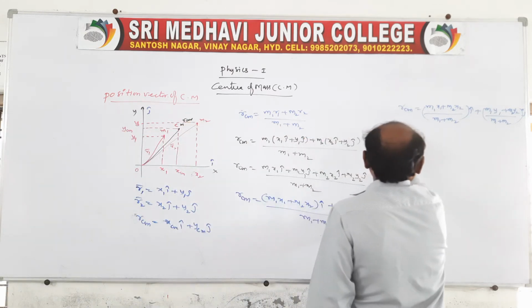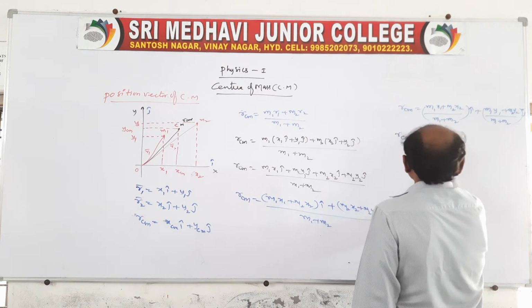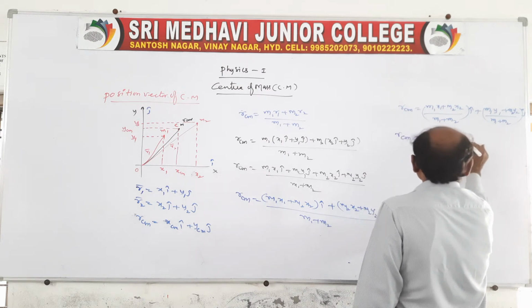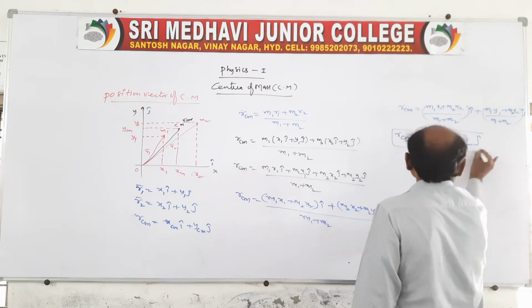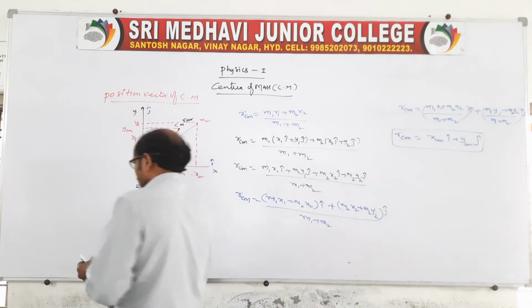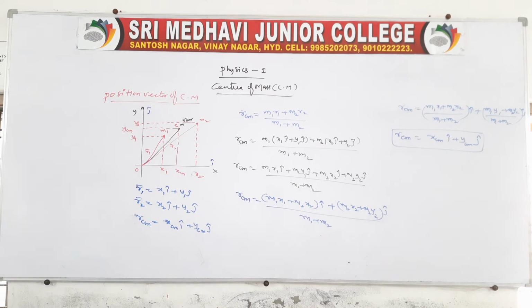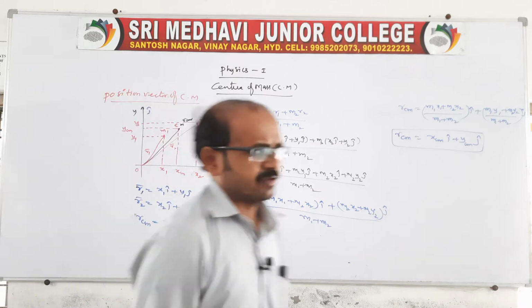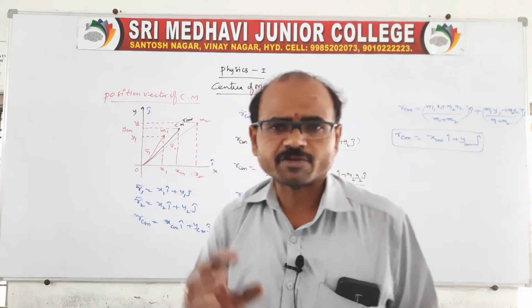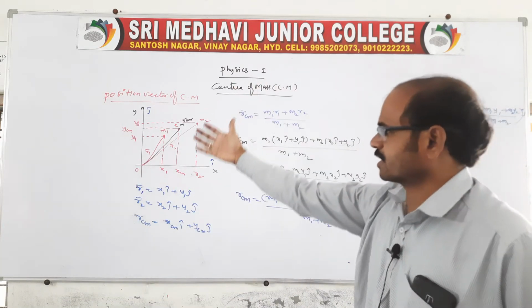Therefore RCM is equal to xcm i cap and ycm j cap. Clear? This is for the position vector of center of mass. If we have to find the position, use this formula to get the position vector of center of mass.